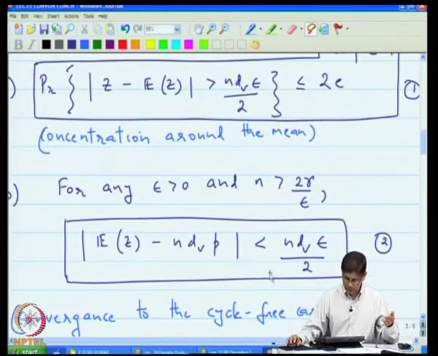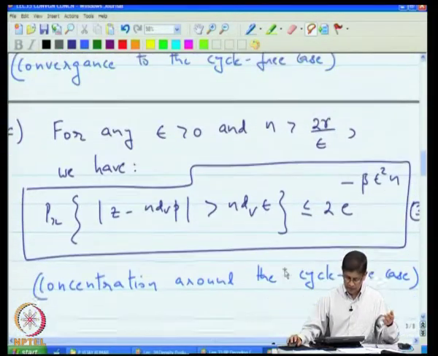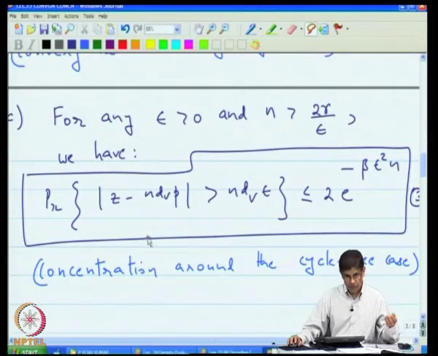Now you can put these two together and come up with this result, which says that if you pick a dv/dc regular Tanner graph at random and carry out decoding on it up to l iterations, the difference between the number of incorrect messages you get from this random graph and the average you get in the tree-like case is with high probability small, or rather the probability that it deviates significantly is very small.